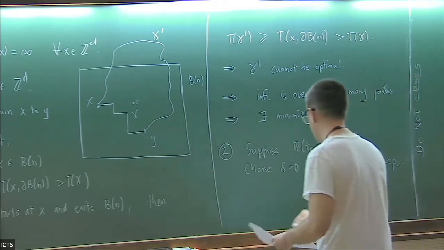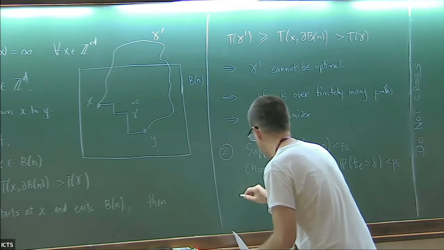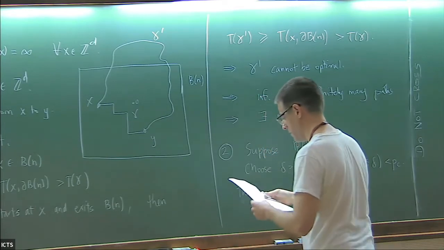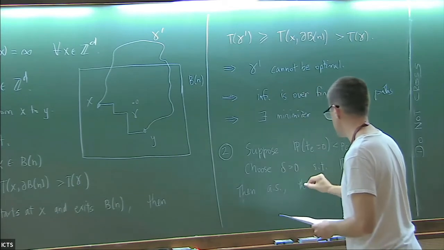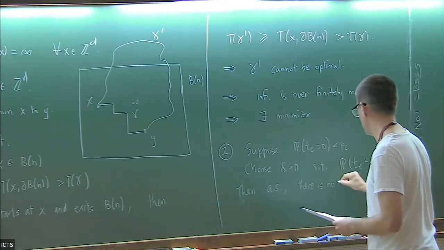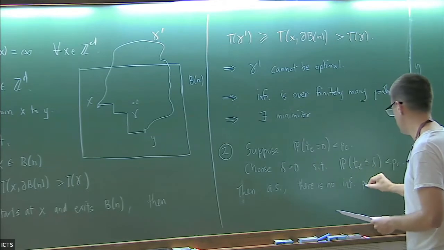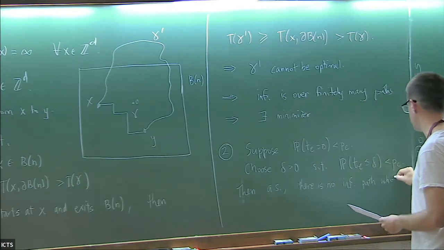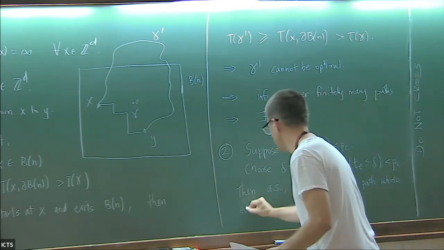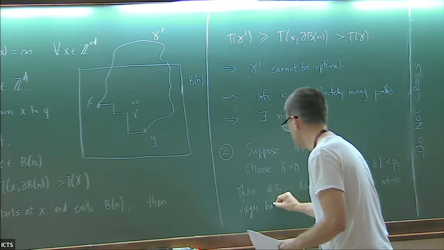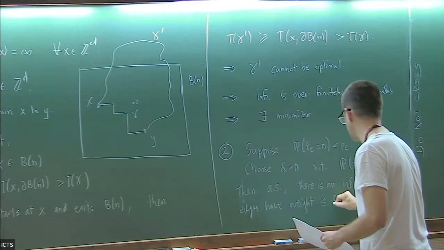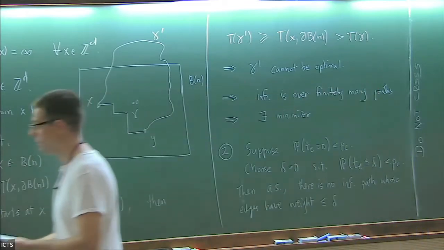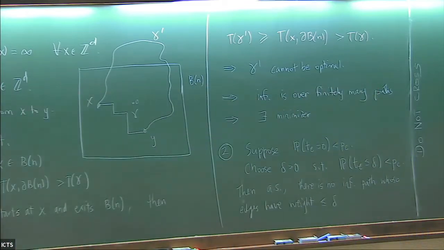So we get from this that almost surely there is no infinite path whose edges have weight less than or equal to delta.